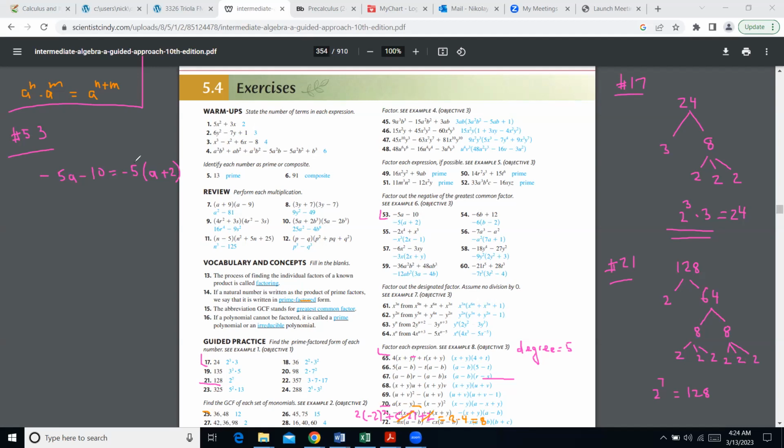And you can always double check: if you distribute your negative 5 back, you will indeed get your original expression. And you can see that the answer is indeed down below. And that's all we need in this exercise. So you take out whatever is in common, you factor it out.